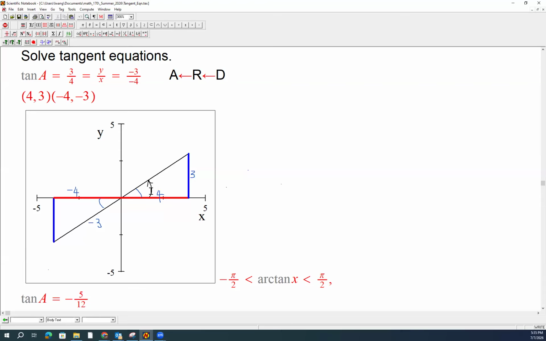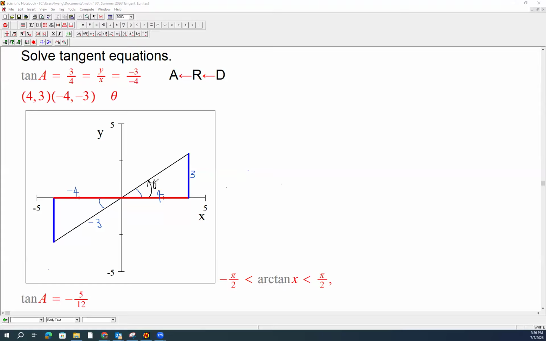So this angle is going to be in the range of arctangent. We're going to give it a name. We're going to call it theta. Let me mark it.